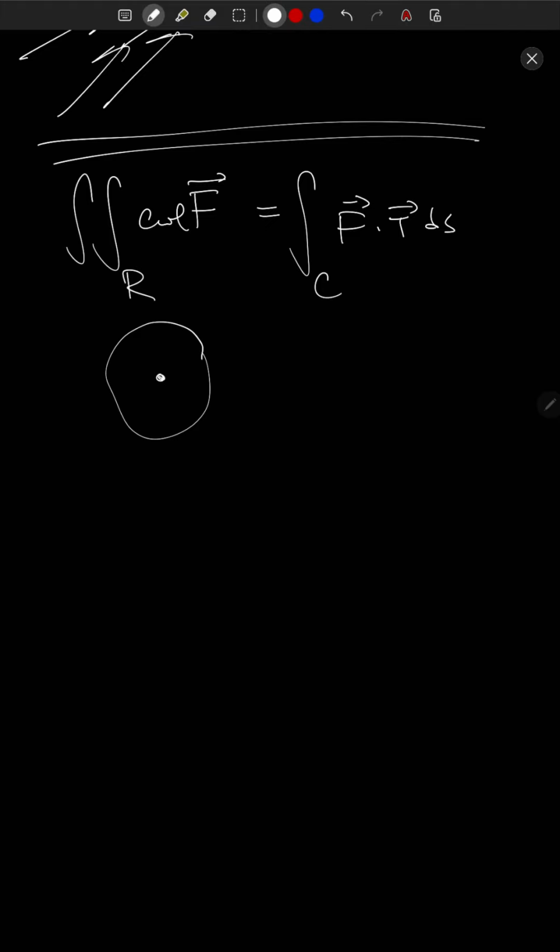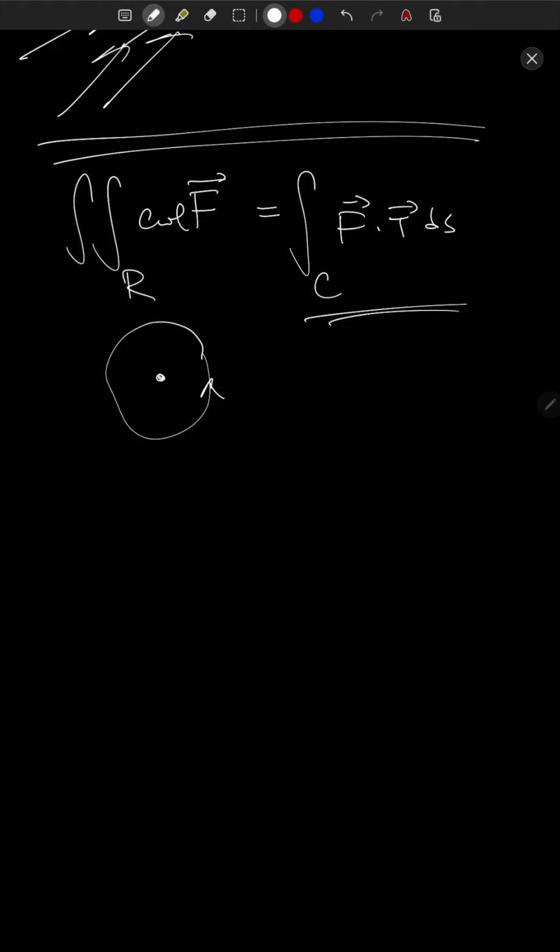Okay, what about the other version? The other version was curl of f, the integral over c of f dot T ds, right? We just do literally the same analysis. You take your point of interest and you take a circle around it, you apply Green's theorem.